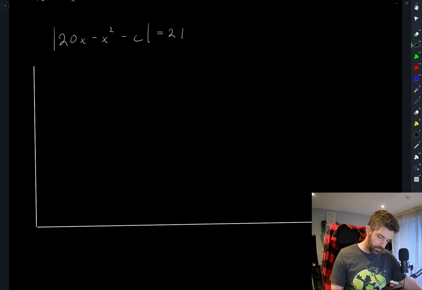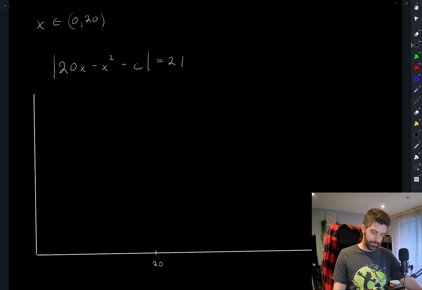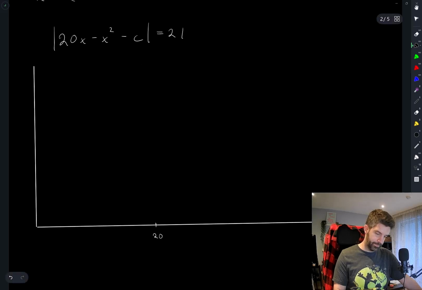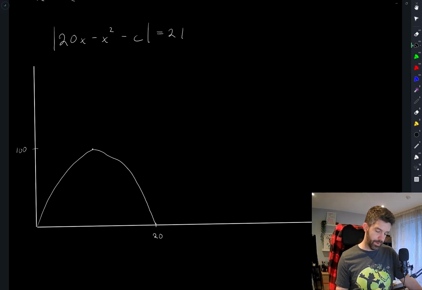When x is between 0 and 20, that's 20x minus x squared.